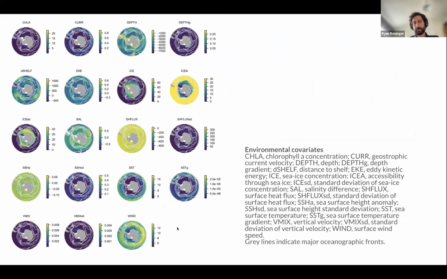We can also examine the environmental covariates that are driving these clusters, because in these bioregionalization exercises, it's essential to ensure their validity. That is, to ensure that we're actually capturing the processes which are driving the observed biological patterns. And so we used the environmental covariates which went into the original habitat importance models.